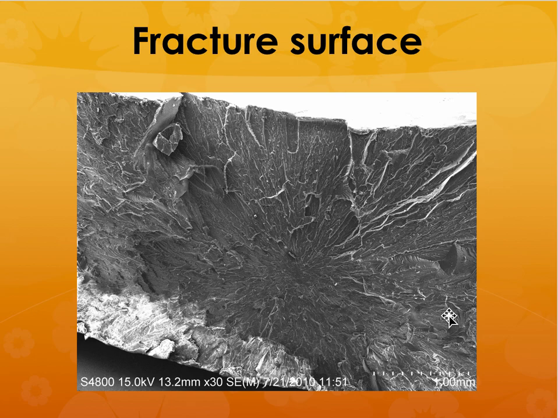This is what you would call a brittle fracture. It has not experienced much strain during the deformation process. How am I saying that? If you look at the section of this sample from the side, you will see that there is hardly any necking that has taken place.